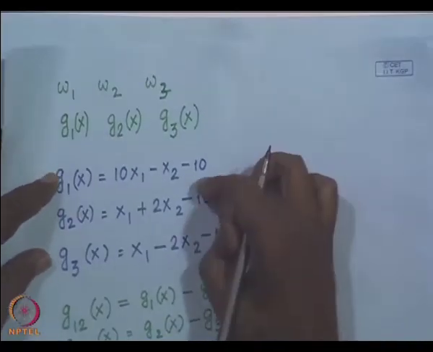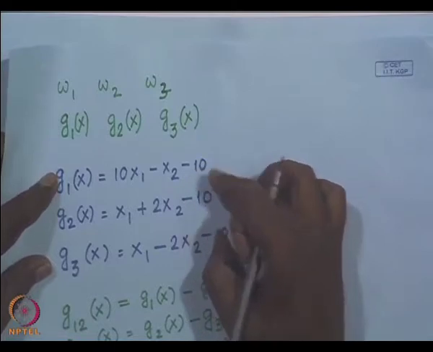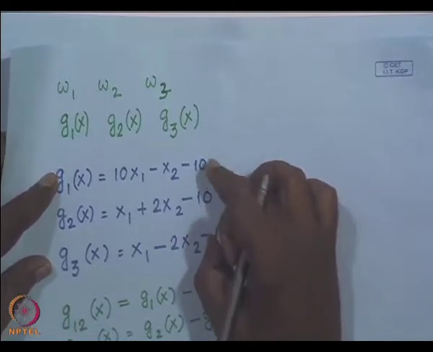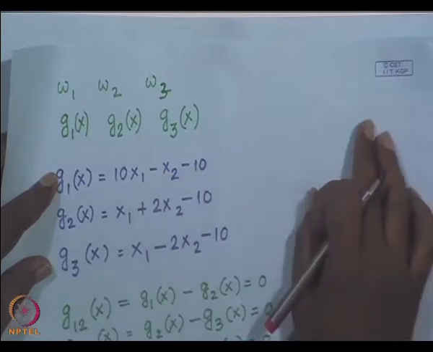So, this was a very simple case. Now, let us think of a situation where these discriminating functions themselves are taken as the decision boundaries.